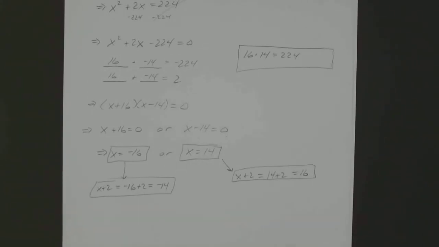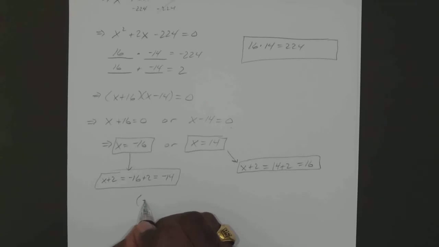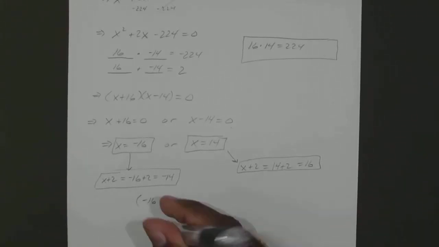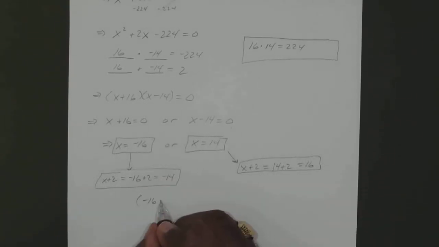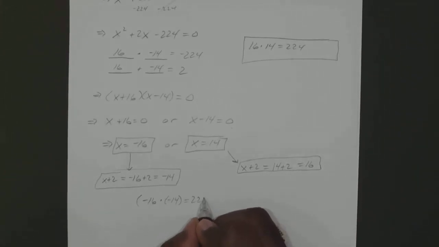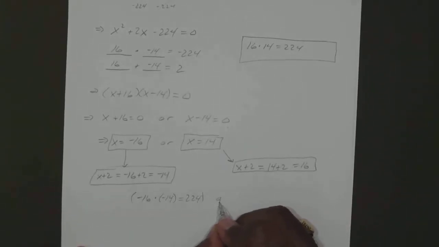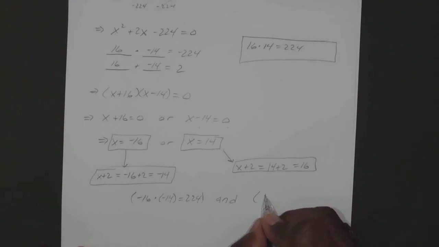Okay, so you actually have two sets of solutions. You have negative 16 times negative 14 equals 224, and you have positive 16 times positive 14 equals 224.